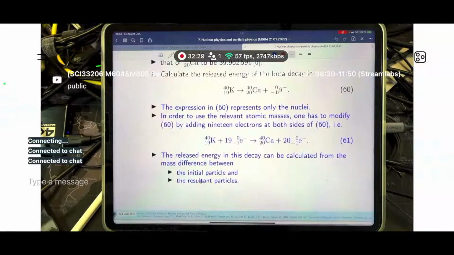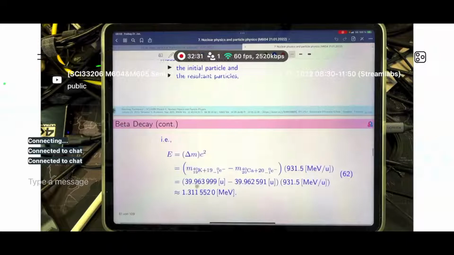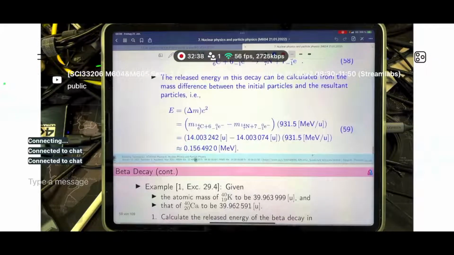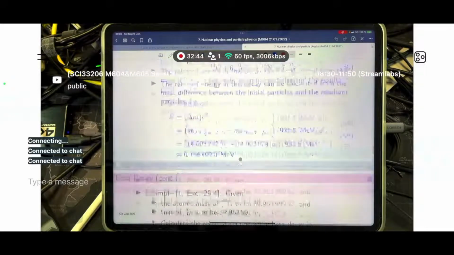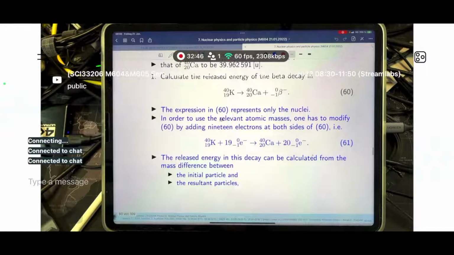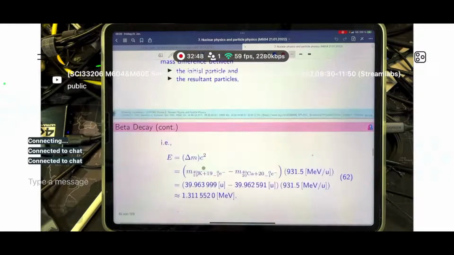We get the release of energy of 1.3 mega electron volt. So you could say it's almost 10 times greater than the 14 nucleons here.